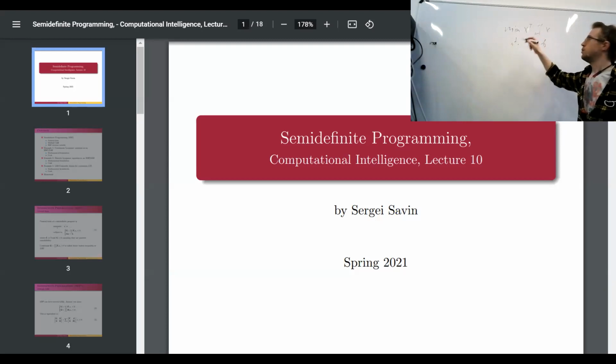Okay, QP, right? Here, S would be a positive semi-definite matrix. Otherwise, you remember, we cannot solve this, right? It has to be positive semi-definite. That is something you have to remember already. But that is a coefficient, right? It's a constant coefficient matrix.